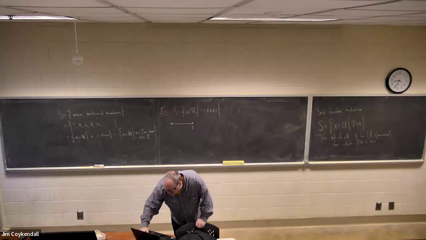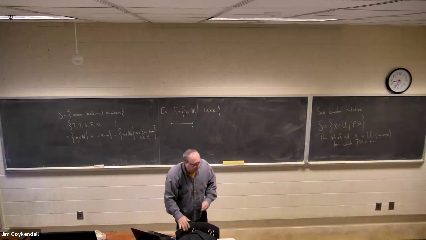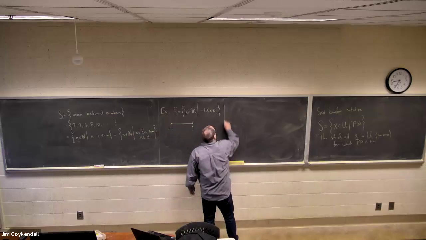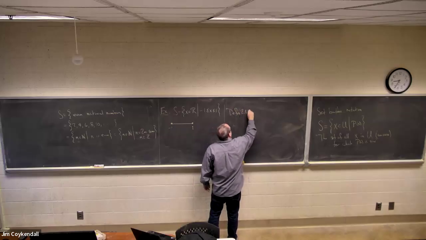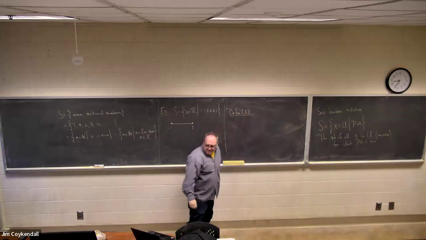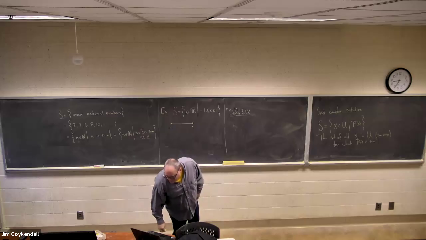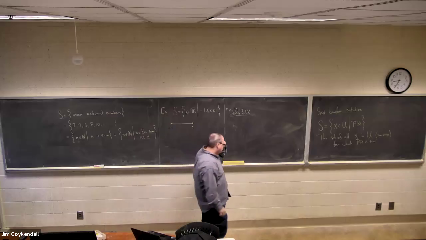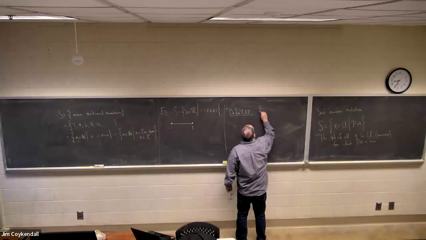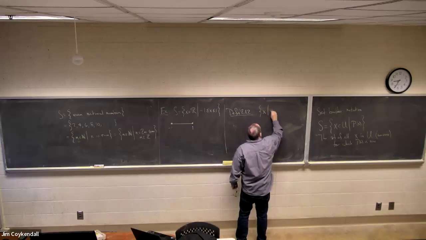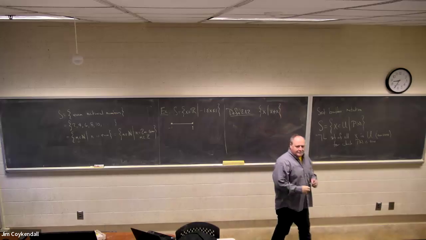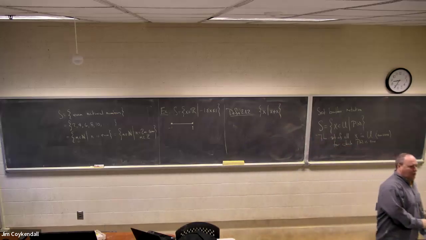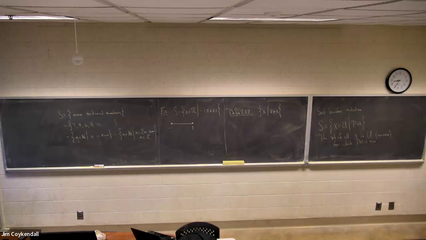Here is a very important special set. I want to look in my universe, whatever my universe may be, at the set of all X such that X is not equal to itself.